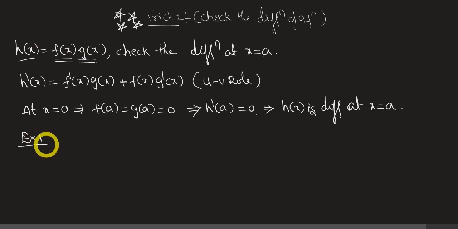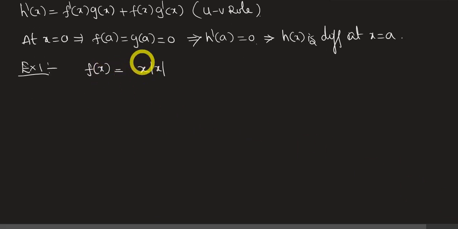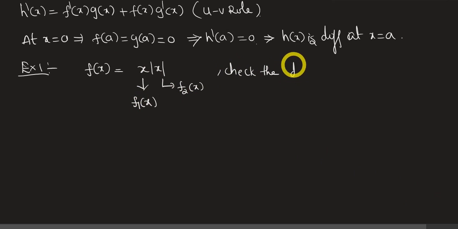Example number 1. f(x) I have taken as x into mod x. This one I have considered as the first function, f1(x), and this one as the second function, f2(x). Now we have to check whether the function is differentiable or not at x = 0.